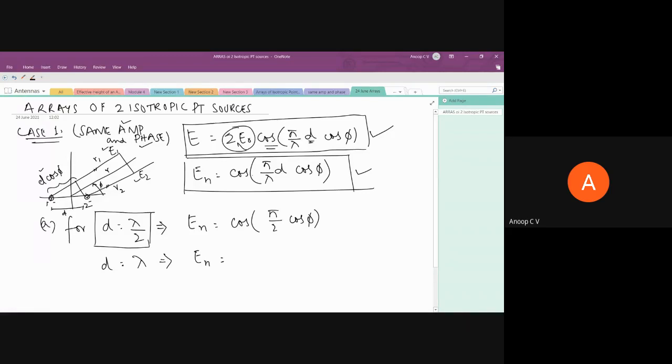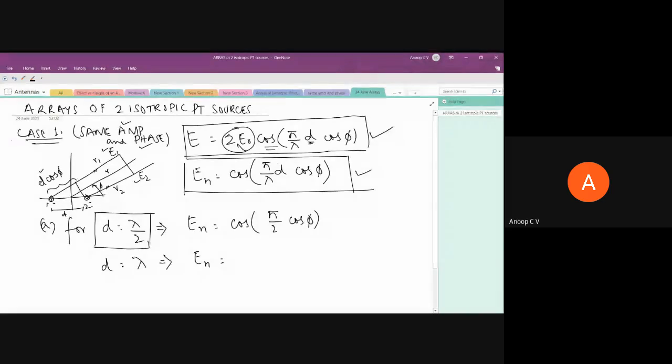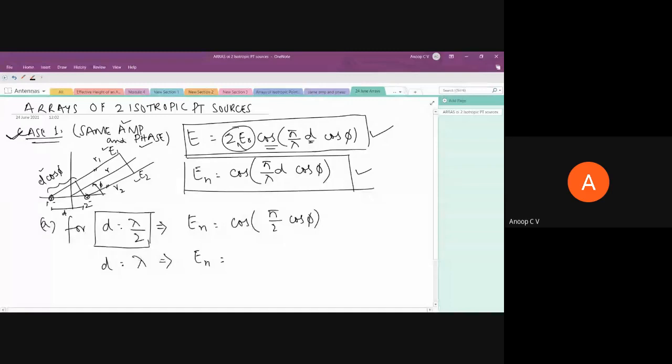So this is a general expression, and this much is common. If the question is from case 1, with same amplitude and phase, whatever the value of d, until finding the generalized normalized pattern it is the same: En is cos of pi by lambda times d cos phi.